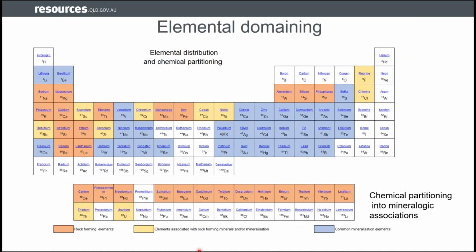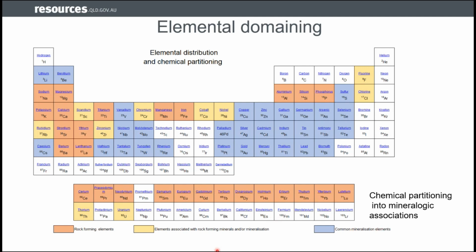This table looks simple and boring, but I can assure you it takes a lot of my time, because what I've done is look at every element, look at the partition coefficients of elements from gems, and then look at what minerals it forms and associated minerals, basically into two groups. One, the rock forming groups, and the other one is the mineral groups itself.